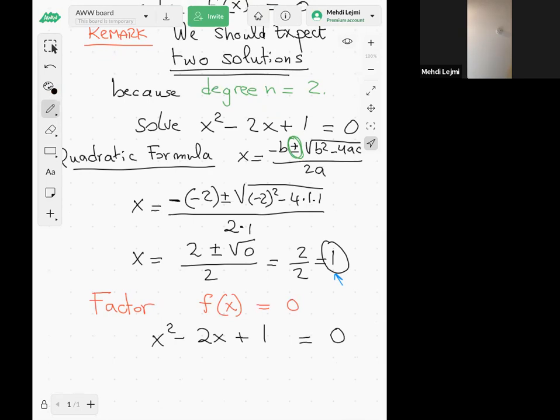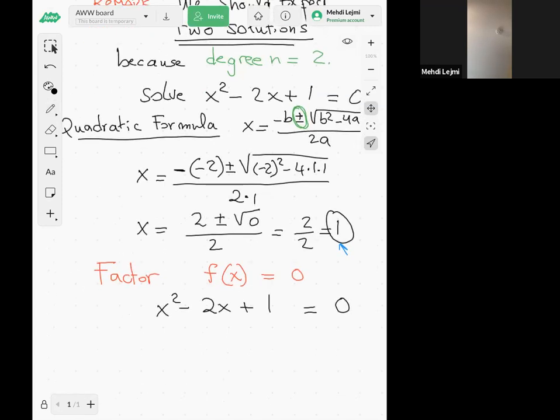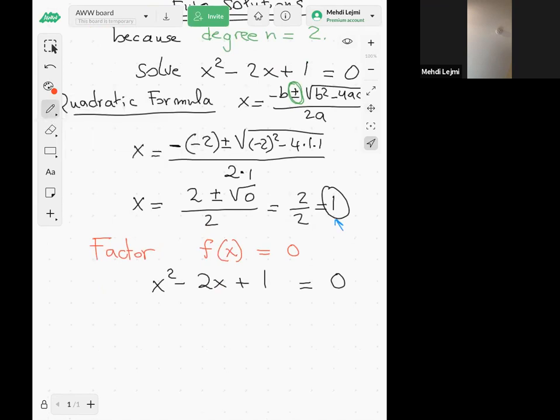Well, there are different ways to factor, but if you know the solutions, when you factor, you're supposed to have x minus the first solution times x minus the second solution.